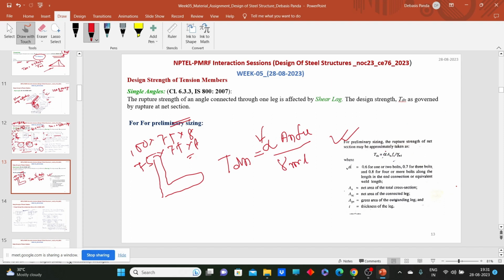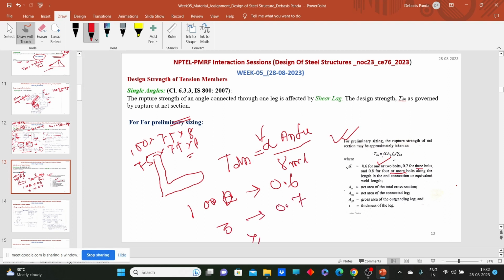If we have one or two bolts, then the alpha value will be 0.6. If we have 3 bolts, the alpha value will be 0.7. And if we have greater than or equal to 4 bolts, the alpha value will be 0.8.